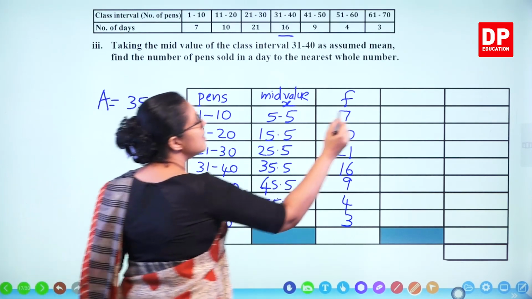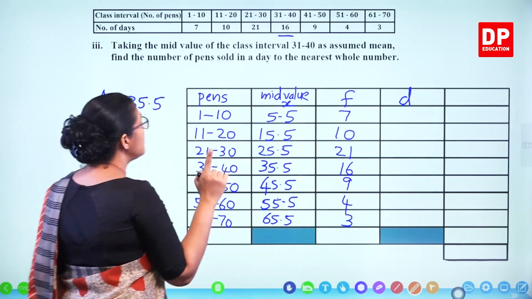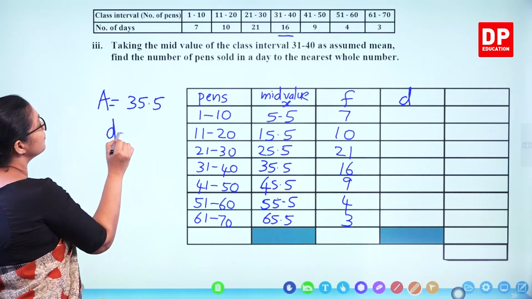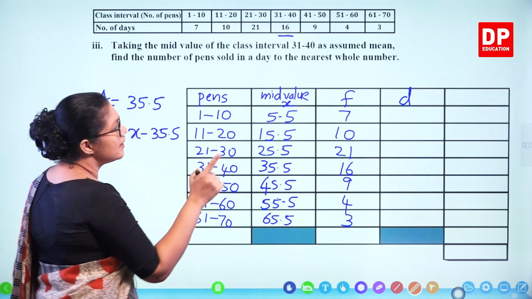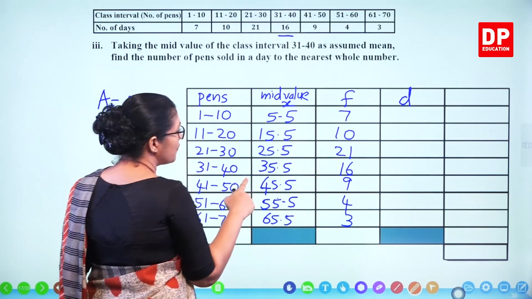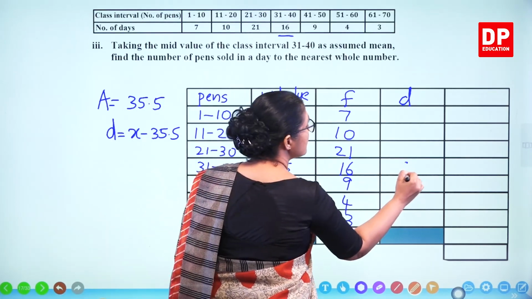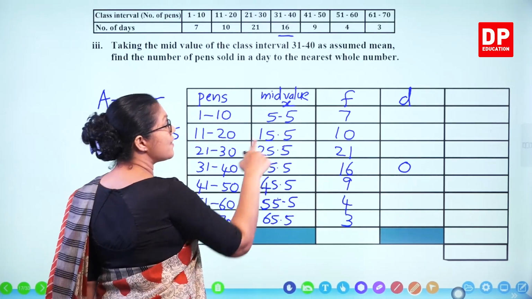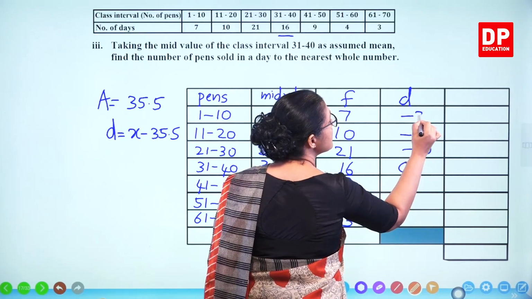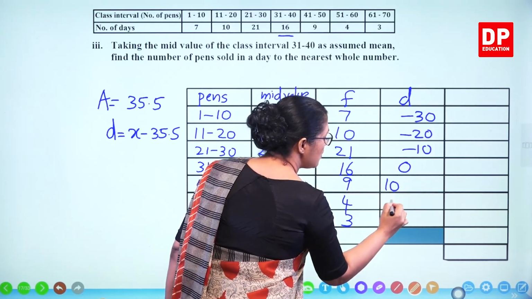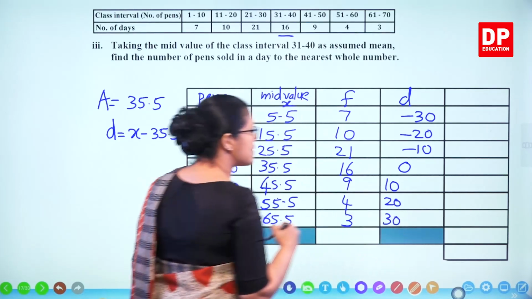So what's the deviation? Deviation is x minus 35.5. You subtract 35.5. So here this one is 0. So always the difference is 10. So you get minus 10, minus 20, minus 30 here, and 10, 20, 30 to this side.